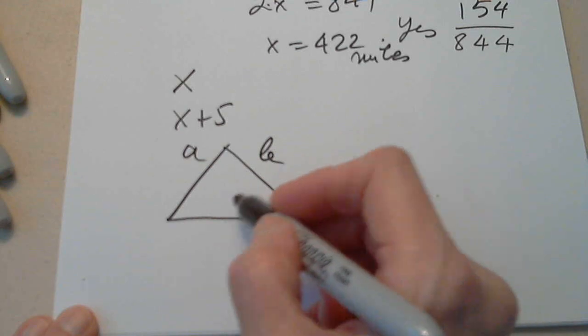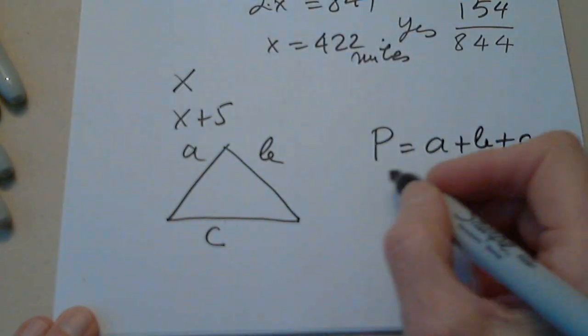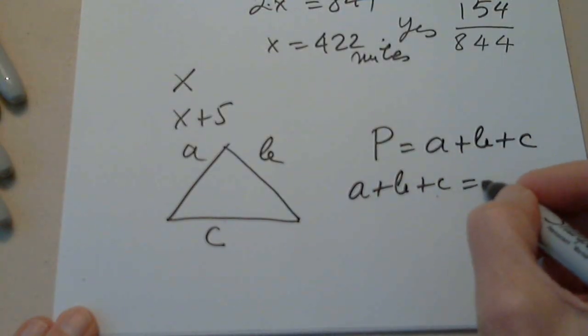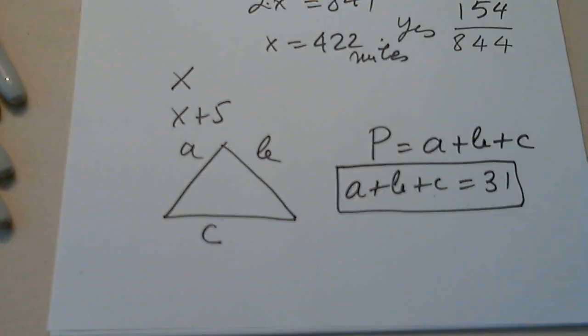I picture A, B, and C, and I write the perimeter, which is A plus B plus C. This is my first equation. This is what I learned from the very first sentence. Every sentence by itself changes into an equation.